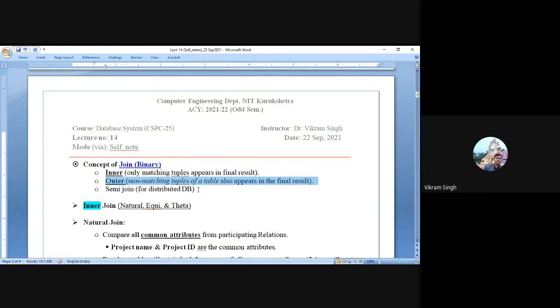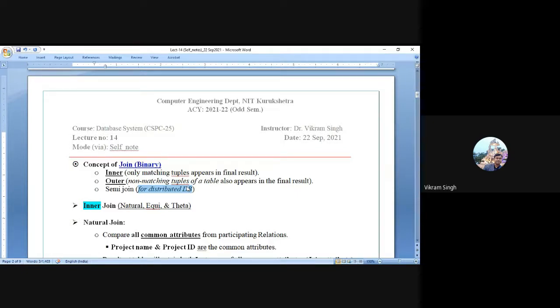Semi-join is not required in the case of centralized data, because whatever we are discussing in this entire course is with respect to centralized data, right? Distributed data is a different type of database system where we keep either the same copy of the same database at multiple sites, or different portions of the same database at multiple sites.